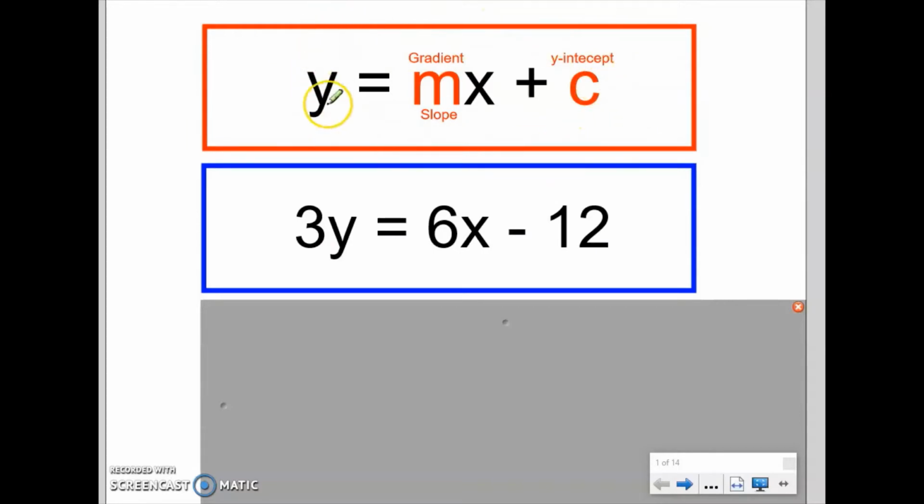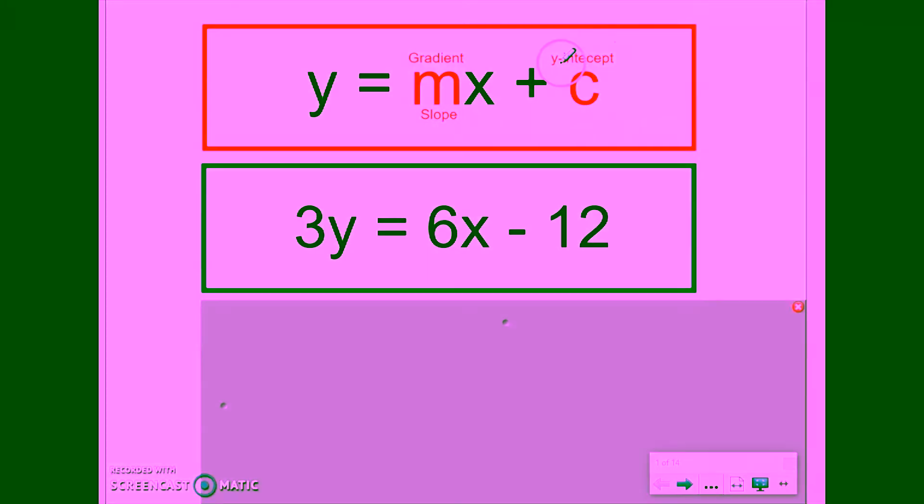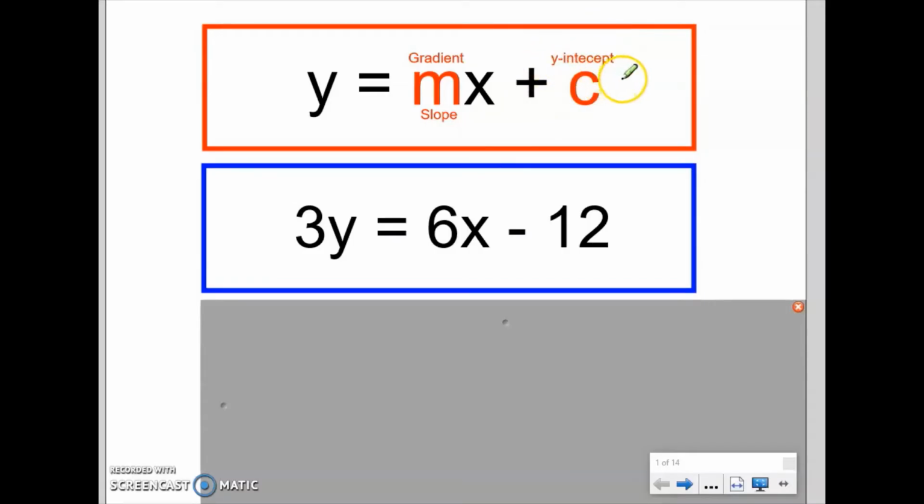So if we have an equation of a straight line in this order, y equals mx plus c, then we can state that the gradient is the number in front of the x, the coefficient of x, which we often refer to as m. And then the number that comes where the c value is would be our y-intercept. This is sometimes called the constant.